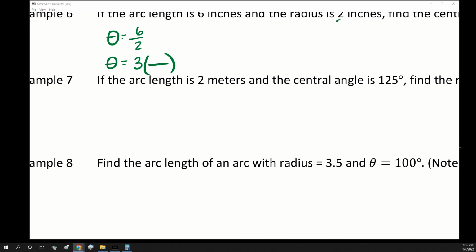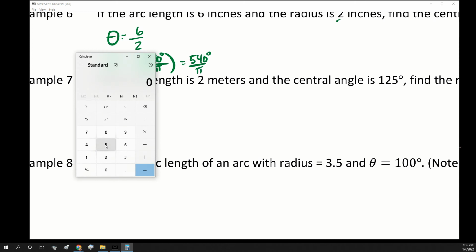All right. And to change radians to degrees, you multiply by 180 degrees over pi, which is going to be 540 degrees over pi. Now, some people don't like the way that looks, and if you want to know what that is as a decimal, you would just go to your little calculator and do 540. Our little calculators don't have pi, so on these problems I'm just estimating pi as 3.14.